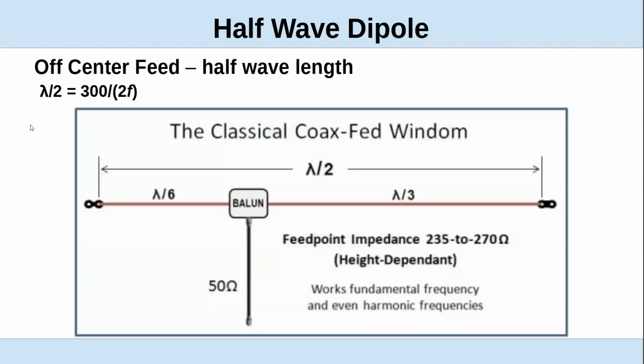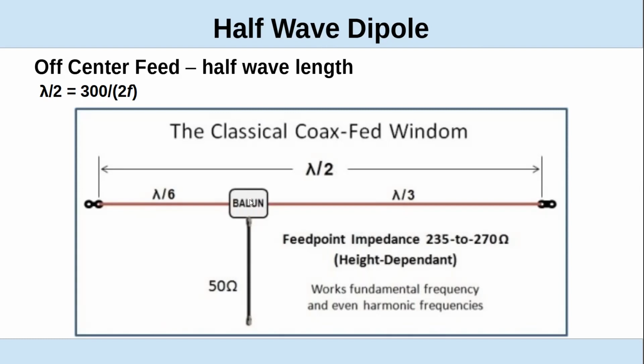Okay, we have an off-center feed, sometimes called a Windom. Windom is usually, technically it's going to be a parallel fed off-center dipole. What do you mean? Parallel line like window line, or ladder line.